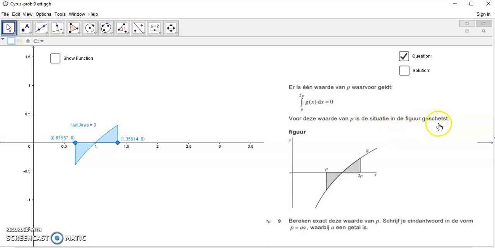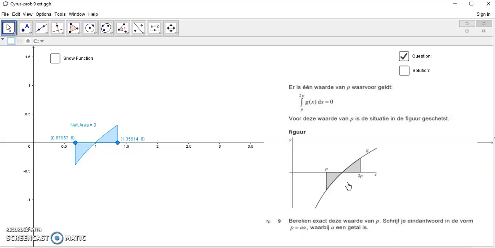Forgive my pronunciation, but in any case, what that means is for this value of p the situation is outlined in the figure. So the situation is outlined in the figure for this value of p.